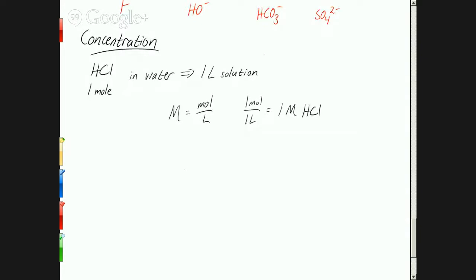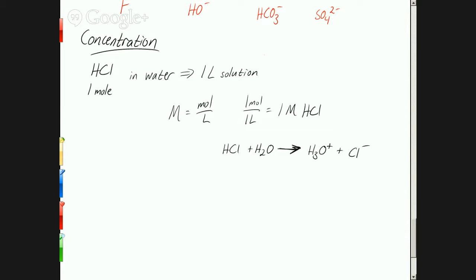Because HCl is a strong acid, when you put HCl in water, you don't actually have any HCl molecules. So remember that because it's a strong acid, HCl plus water goes pretty much exclusively to hydronium and chloride. So it breaks up, it ionizes completely in water because it's a strong acid.